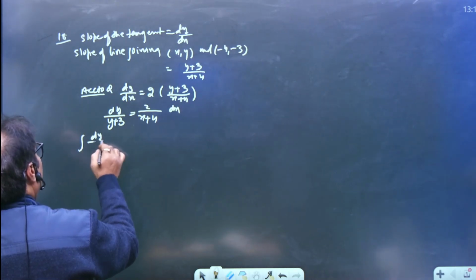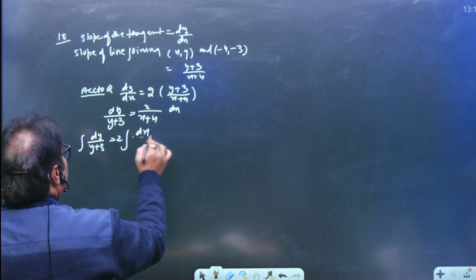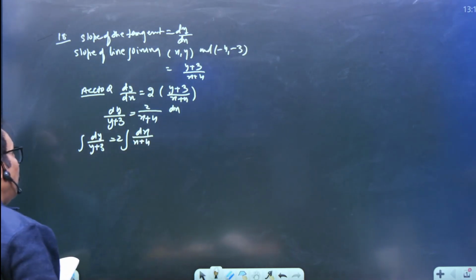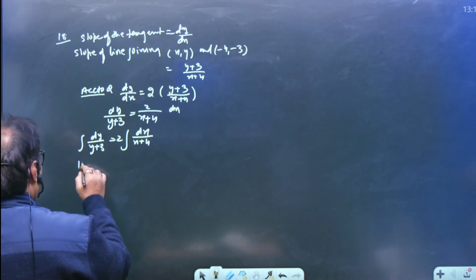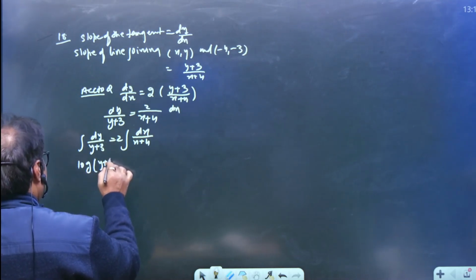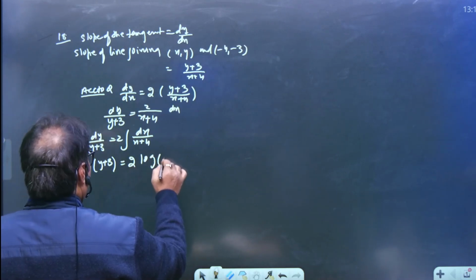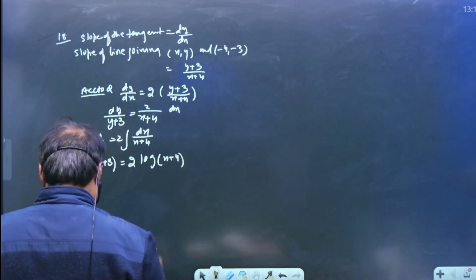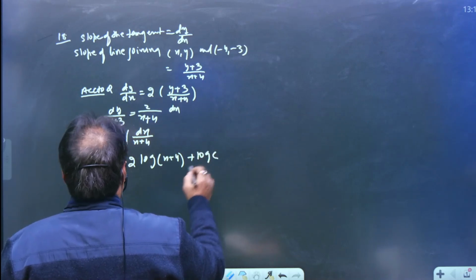So dy upon y plus 3 is equal to twice of dx upon x plus 4. And now integrate. So this is equal to log of y plus 3, and this is twice of log of x plus 4. Okay, and plus log c we can write.